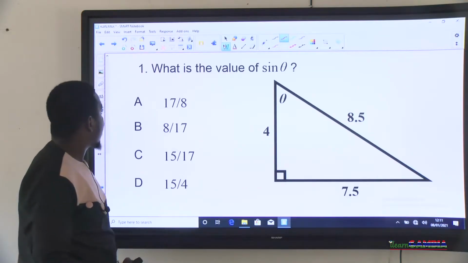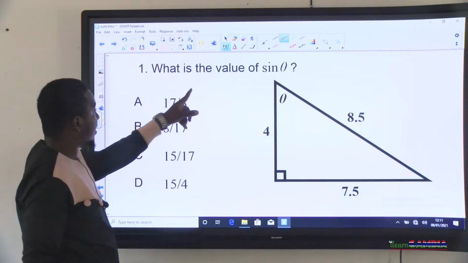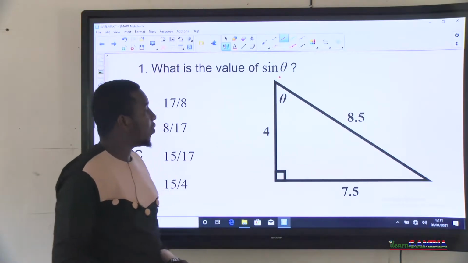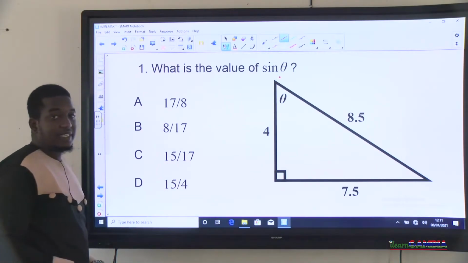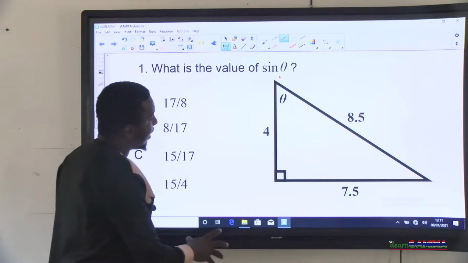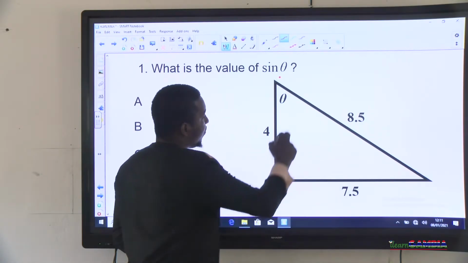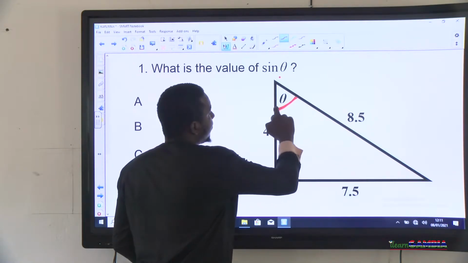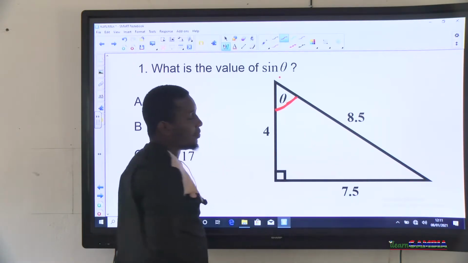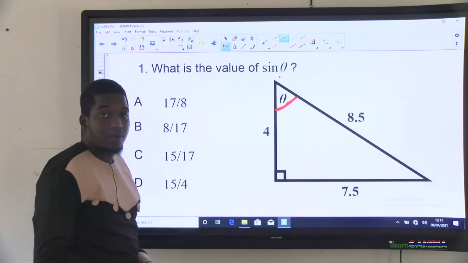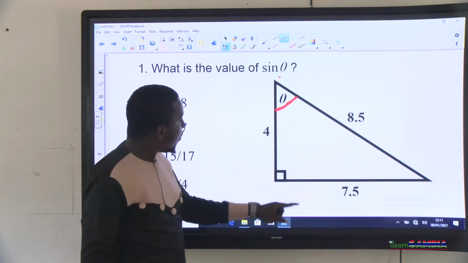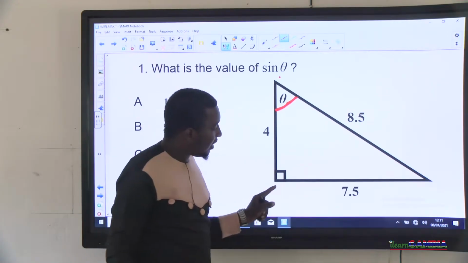We look at our first question. It says, what is the value of sine theta? Now, we're looking at the diagram. We are given a right angle triangle, and then we are given an angle here. This angle is angle theta. It is our reference angle. The side that is opposite to this angle is where we have the length of 7.5.